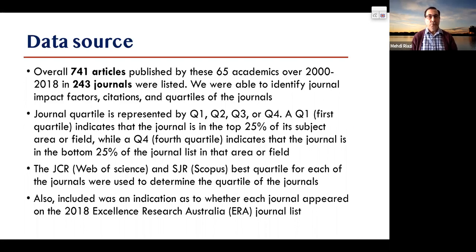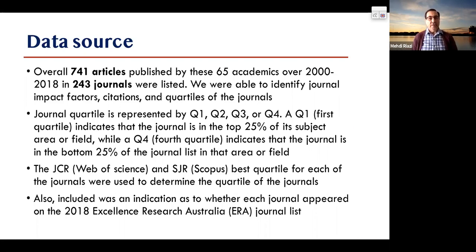Again, for those who might not know what quartile stands for, journal quartile is represented by Q1, Q2, Q3, and Q4. A Q1 first quartile indicates that the journal is in the top 25% of its subject area or field, while the Q4 fourth quartile indicates that the journal is in the bottom 25% of the journal list in that area or field.